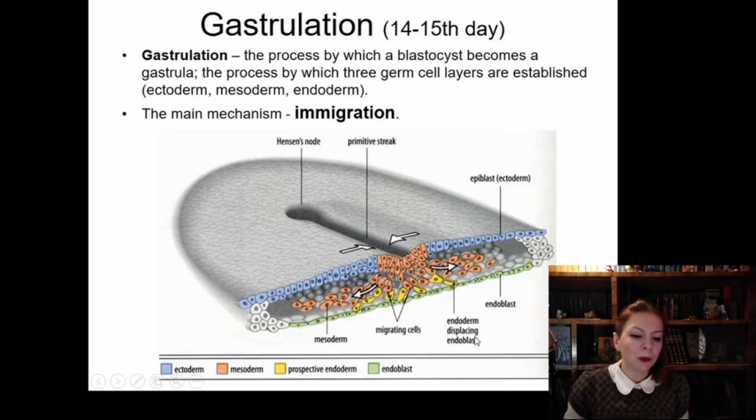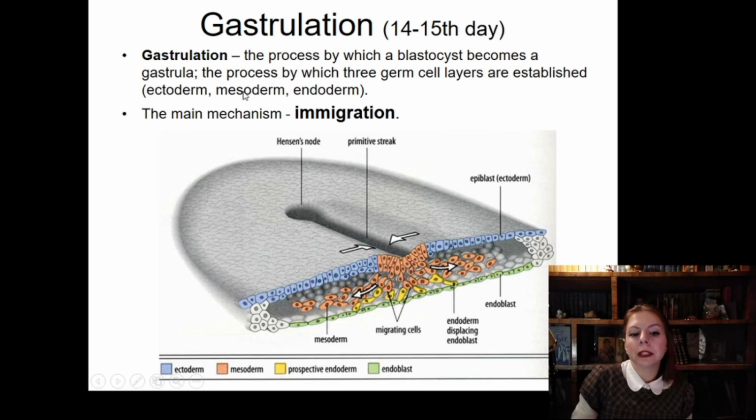Okay, let's move on. And now we are approaching one of the most important definitions in this lecture, gastrulation. Gastrulation is the way in which the gastrula is formed out of the blastocyst. So the blastocyst, we have just previously mentioned what it is, becomes a gastrula.